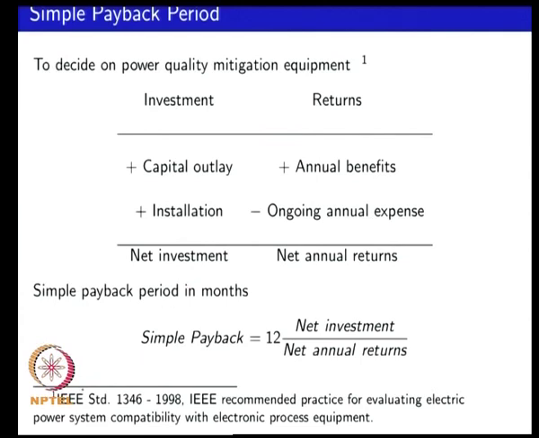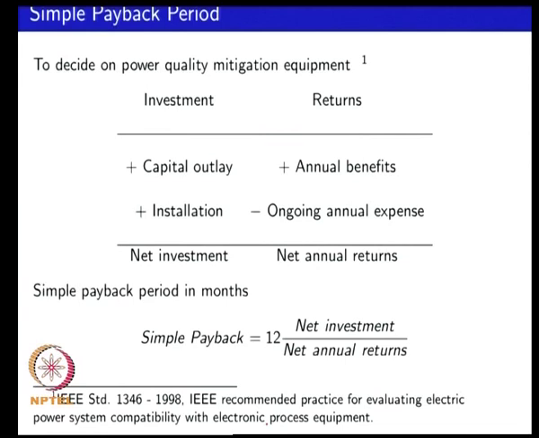If you look at this IEEE standard, it gives you a step by step process for evaluating power systems compatibility with electronic process equipment, which is essentially looking at power quality and its impact on an industrial or commercial type of environment.